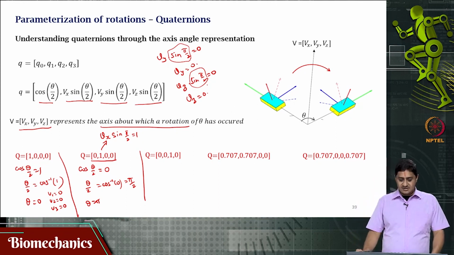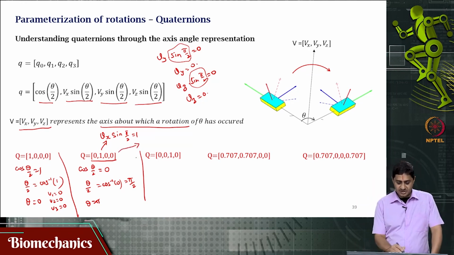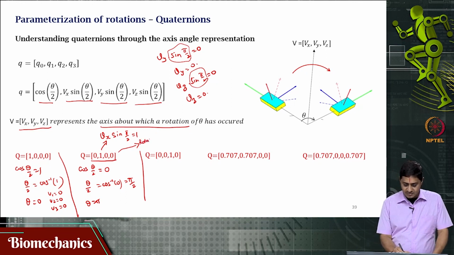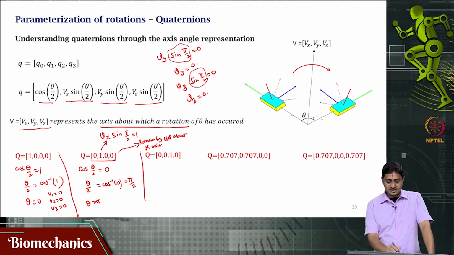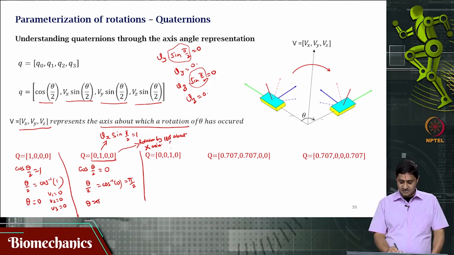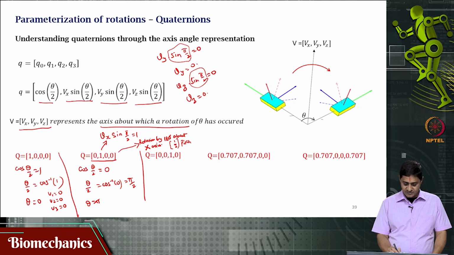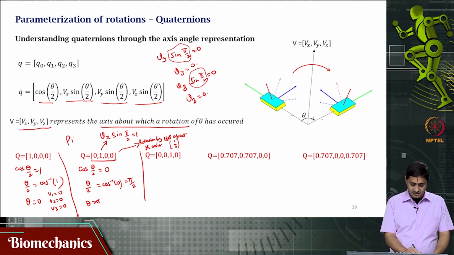So, this quaternion 0 1 0 0 is a rotation by pi radians or 180 degrees about the x axis. This is also called pitch, x axis, that is 100.